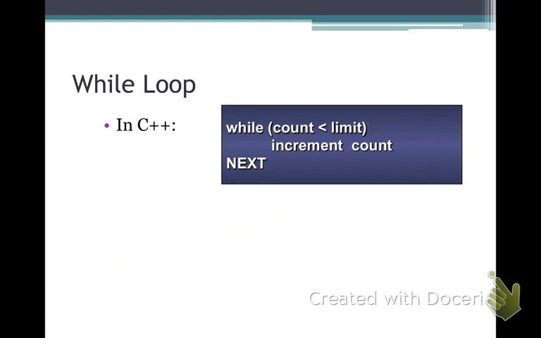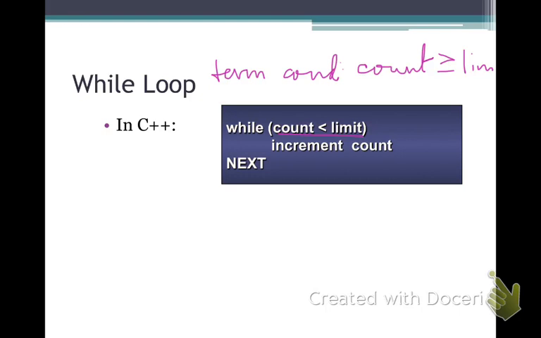In our case, though, let's look at under what condition, what is the opposite of my loop condition. There's my loop condition. So my termination condition is the opposite of that: count greater than or equal limit. So that's what we're going to look at.